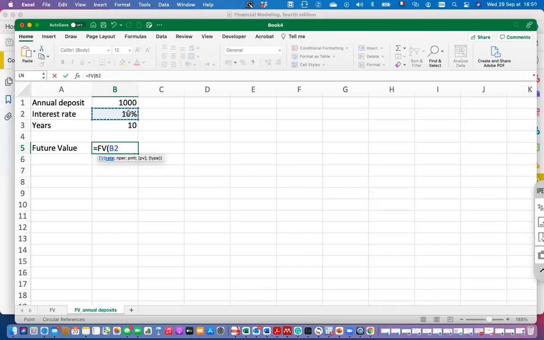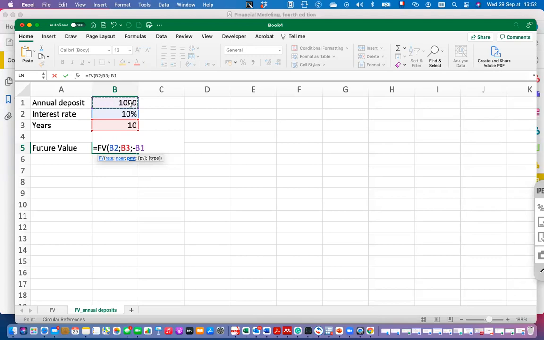Click on the rate cell, then comma, the number of periods, 10. Now the payment, $10,000, which is the regular or constant payment you make at the beginning of each year. You have to put it with a minus sign because you are paying money, depositing money. So minus B1.